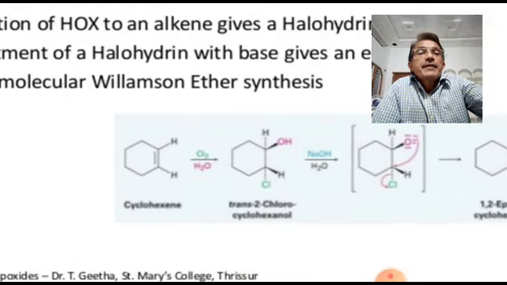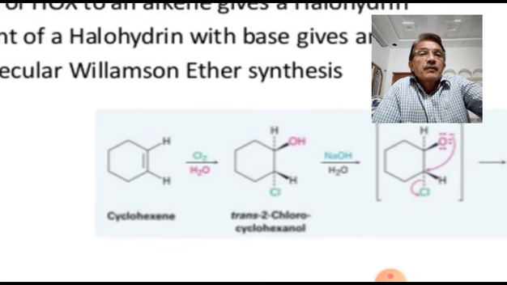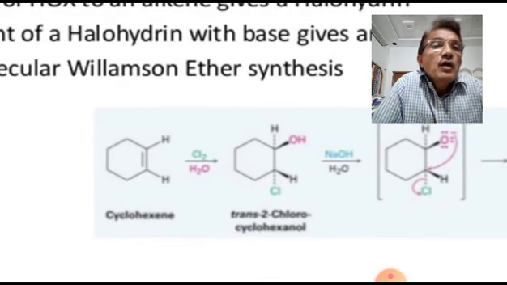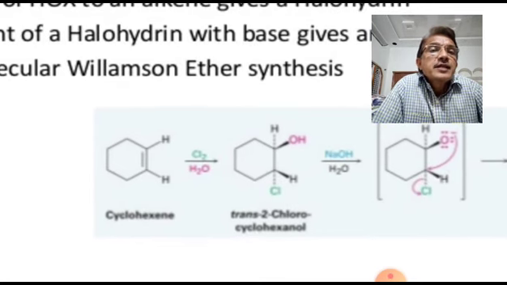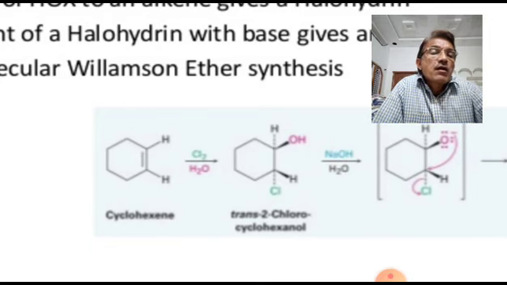Previously we studied preparation from halohydrin. Cyclohexene was taken as an example. When cyclohexene is treated with chlorine in the presence of water, it gives trans-2-chlorocyclohexanol.